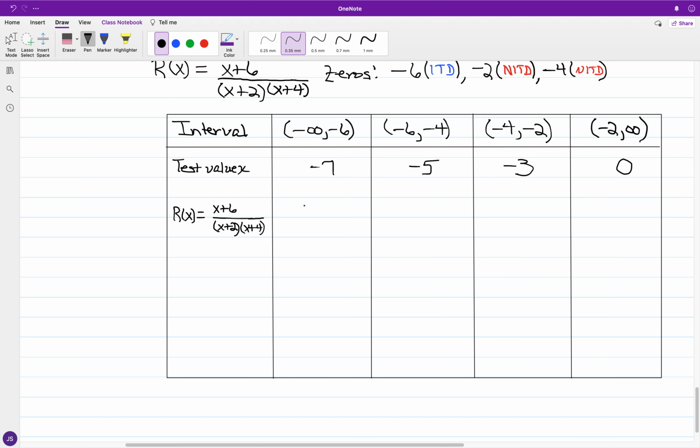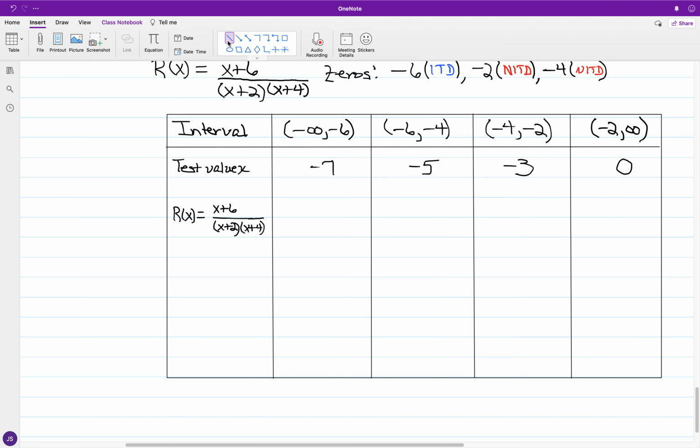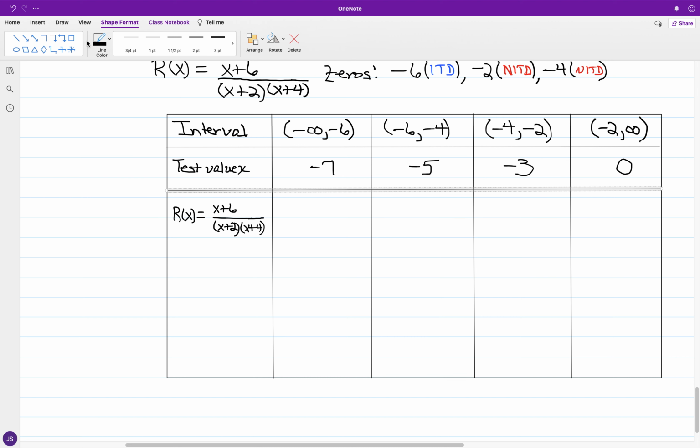And just looking at what we have for each of the inputs, what I'm going to do is just go ahead and put down the outputs.